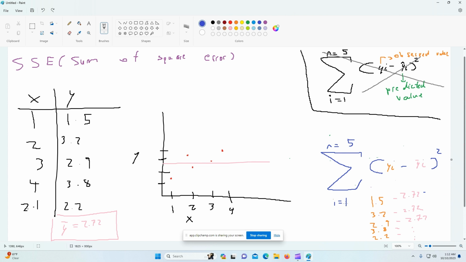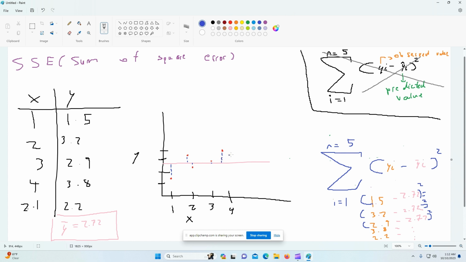And the sum of squared error, right? So you just take these values and you square them. So that's what it means by sum of square error. You just square each of these and you add them all up, right? The sum. So how far these points are from the mean, that's going to be called a residual.